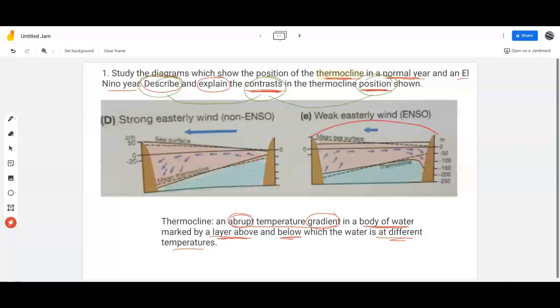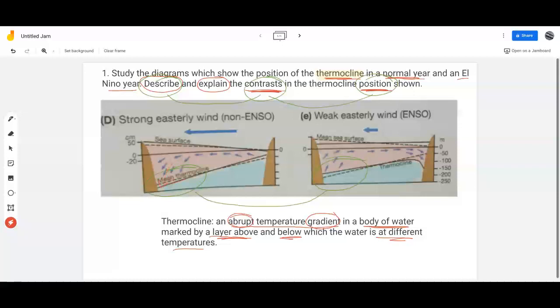Take a look at this diagram. Let's compare, I'm going to put a circle around them again just so we see what we're comparing. Let's compare this with this. What are the differences? Pause the video and have a think. Well, in the case of a non-ENSO year, normal year, the warmer water goes a little bit deeper than the average or mean thermocline.